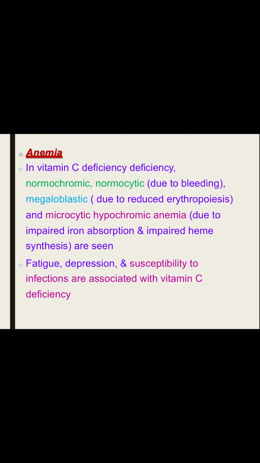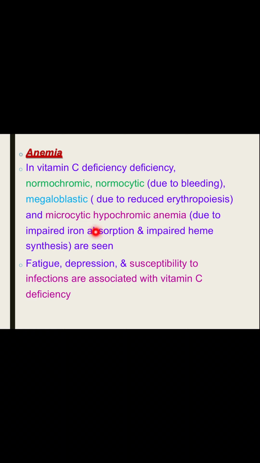Anemia is also one thing, you are bleeding from everywhere, you're not making hemoglobin. So in deficiency, there is normochromic, normocytic anemia, when the cells are normal in structure, size and shape, that is due to bleeding. If they are megaloblastic, that means there is reduced erythropoiesis. And if they are microcytic, it is due to impaired iron absorption and impaired heme synthesis.